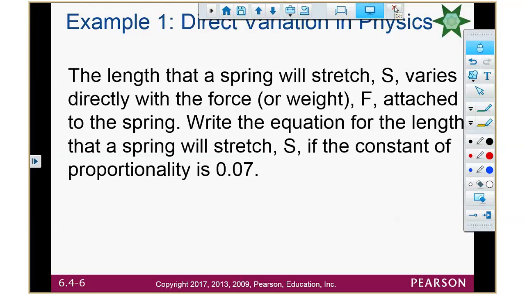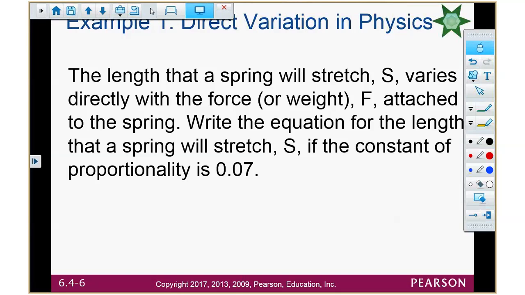All right, I want you to look at it. I want you to take a minute. Write that problem. Find the equation, plug and chug, and see what you come up with.